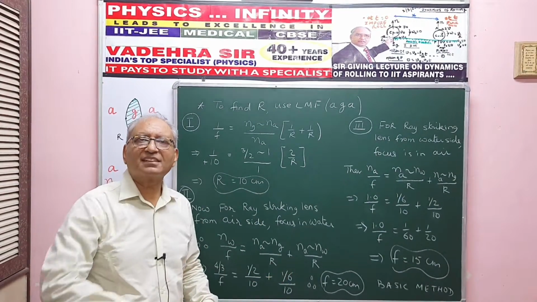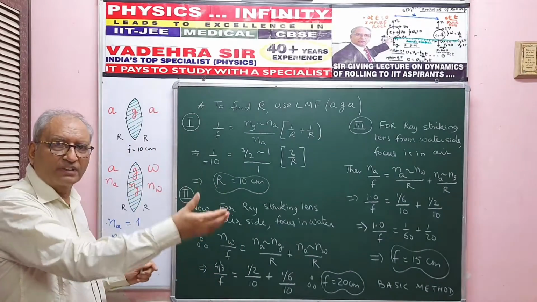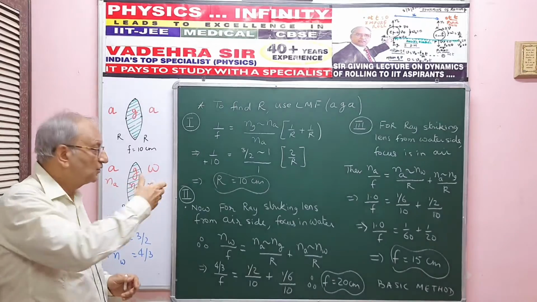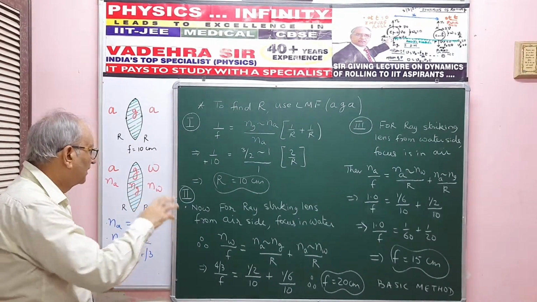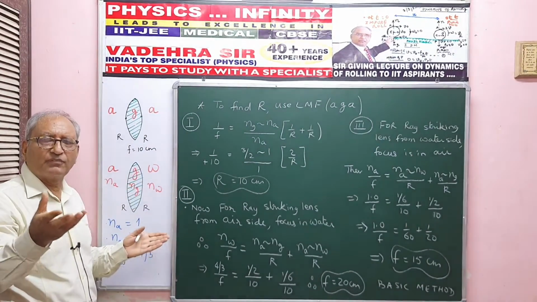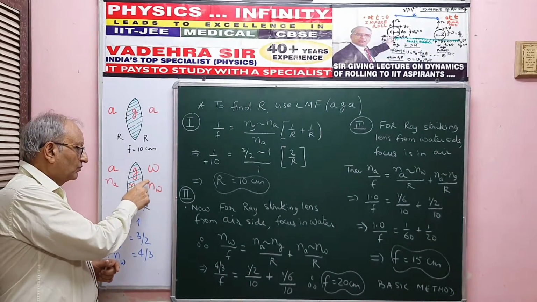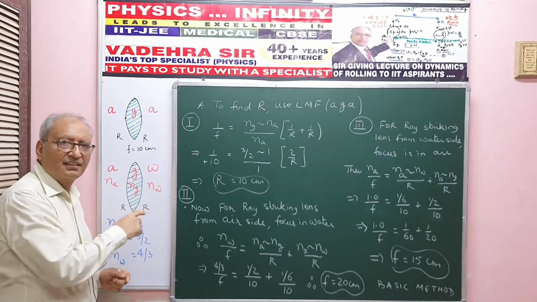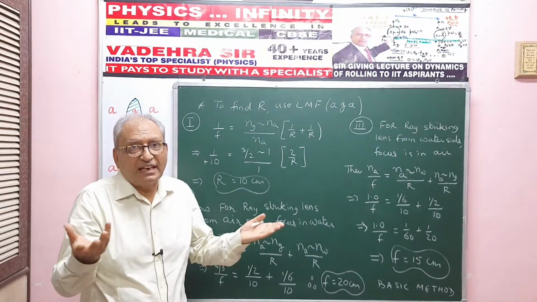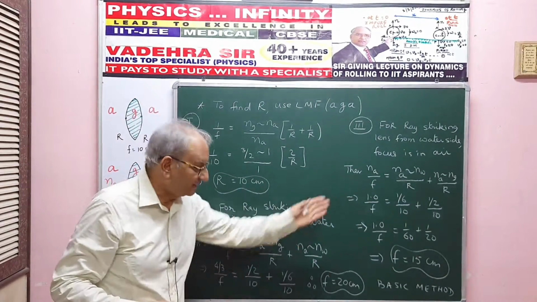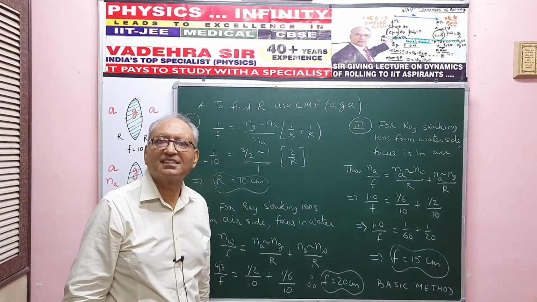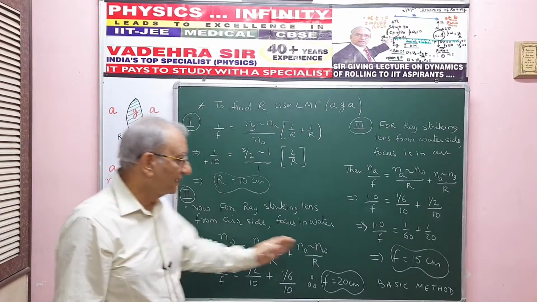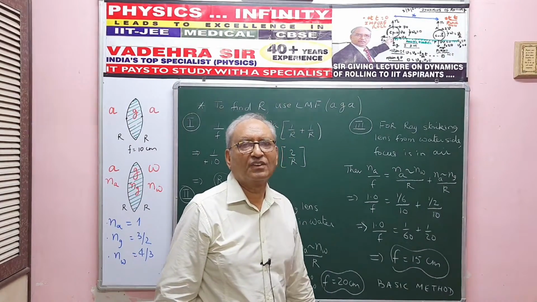Now do the same thing: strike the lens from the water side with rays parallel to the principal axis. Use the refraction formula for the curved surface for water-glass and then glass-air. Do that as an interesting exercise and check your answers. You'll get the same answers: 20 for the second case and 15 for the third case.